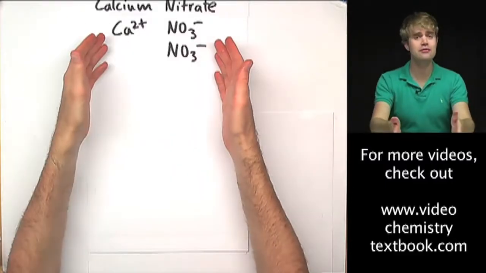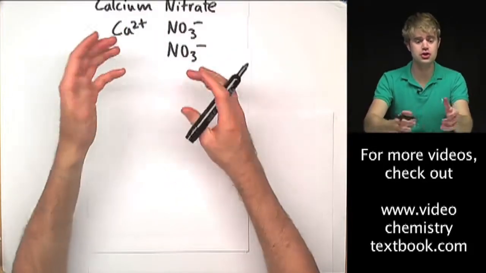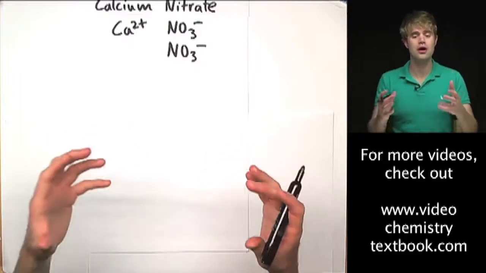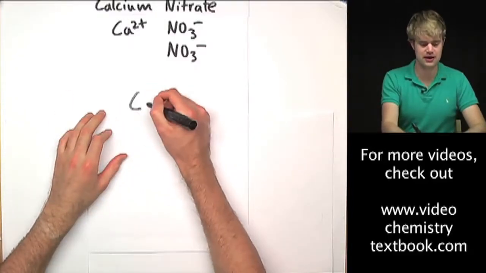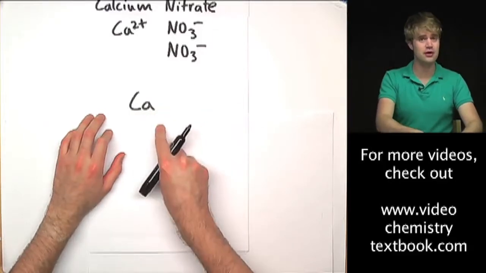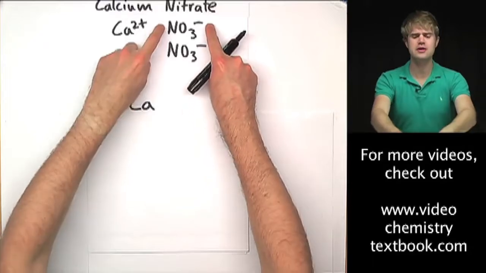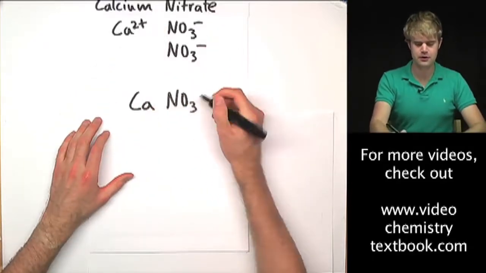Okay? So now I have the charges balanced, and I want to write this as a chemical formula that shows how many of each I need in order to balance out the charges. So I need 1 calcium, so I'm going to write that as Ca without anything after it, and that means I have 1 of them if you don't write anything after it. And then I want to say that I have 2 nitrates. So NO3, there's my nitrate.